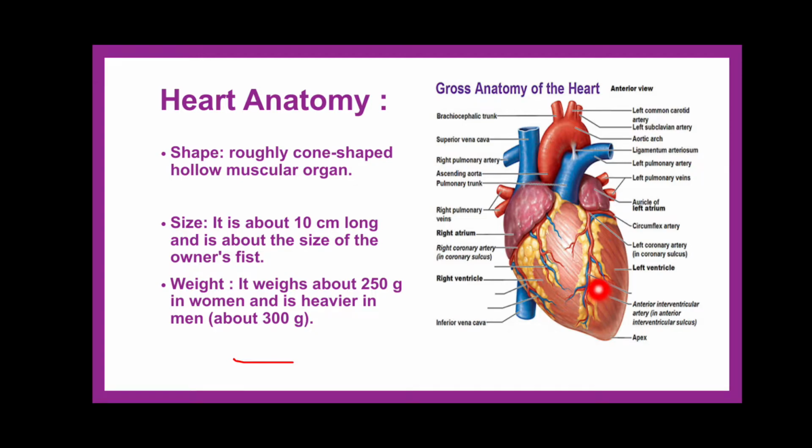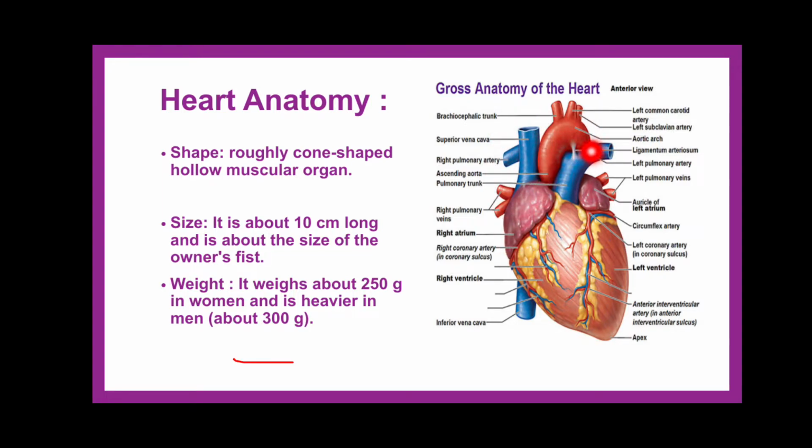The next features are the blue colored blood vessels, known as the superior vena cava and inferior vena cava. These are the largest veins of the body, as the aorta is the largest artery of the body.